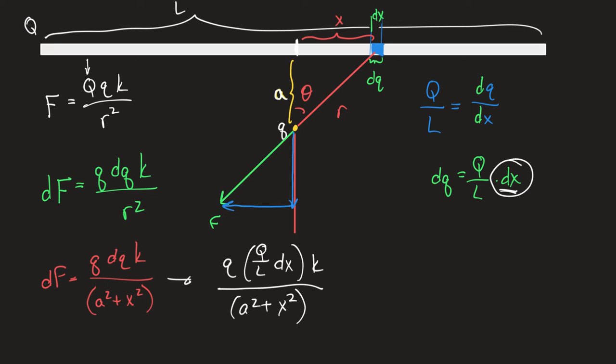Everybody follow along with that? We've had this conversation a lot, but what that requires is for us to write cosine theta here. We are only interested in the parts of the force that are vertical and not the parts of the force that are horizontal.